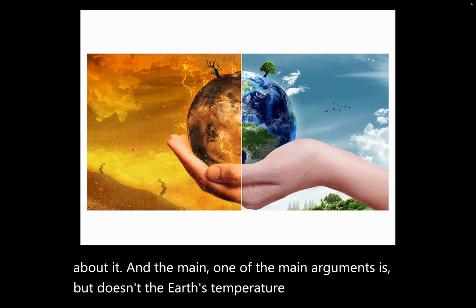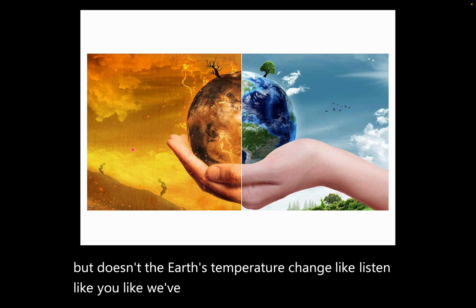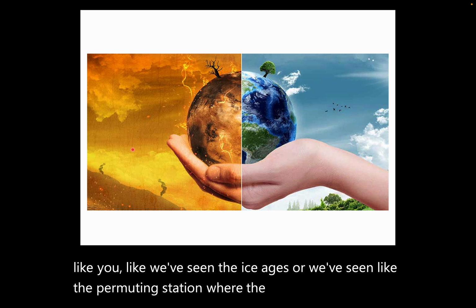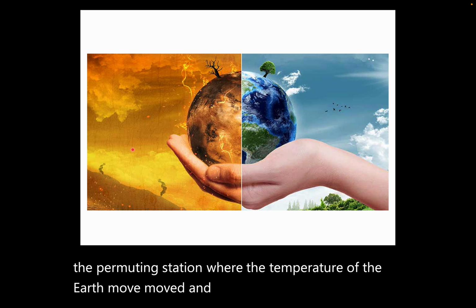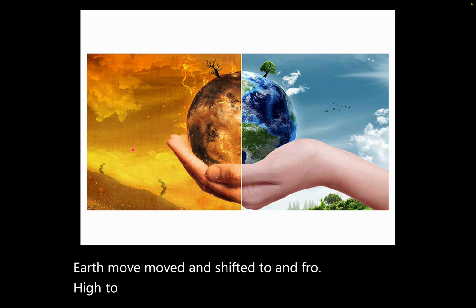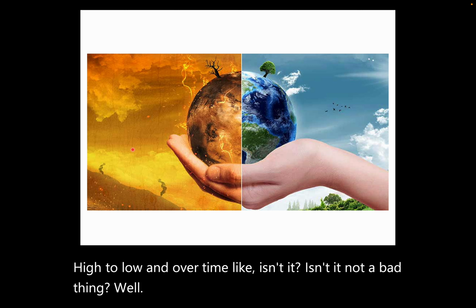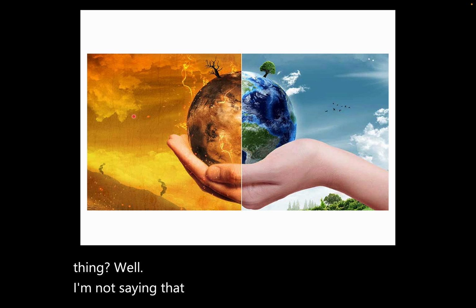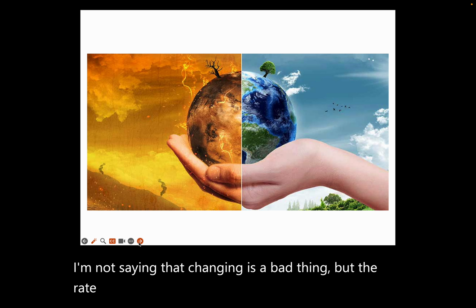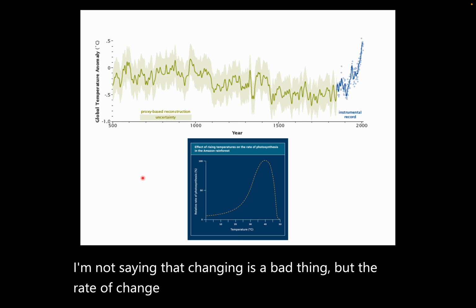Like, we've seen the ice ages, or the Permian extinction, where the temperatures of the Earth shifted to and fro, high to low, over time. Isn't it not a bad thing? Well, I'm not saying that changing is a bad thing, but the rate of change is kind of concerning.